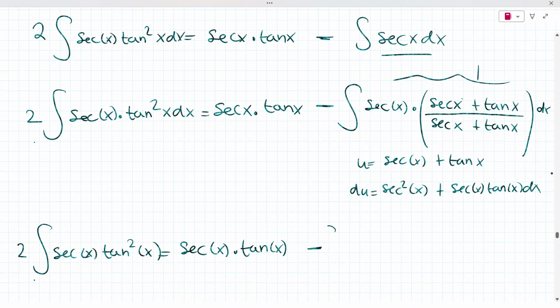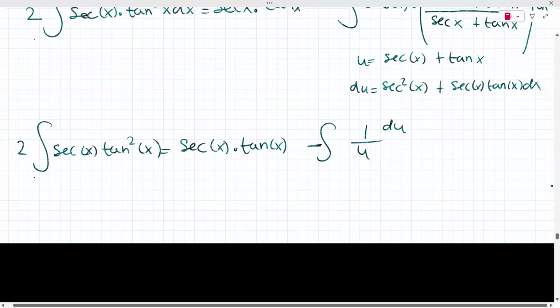So this is going to be, if our u is secant of x plus tan of x, so this is 1 over u, and then the derivative of that is secant square of x plus secant of x tan of x. So if you multiplied this out, that would be a secant square of x. So that just becomes du. Okay, and we can go on. So what's the integral of 1 over u? It's ln of u.